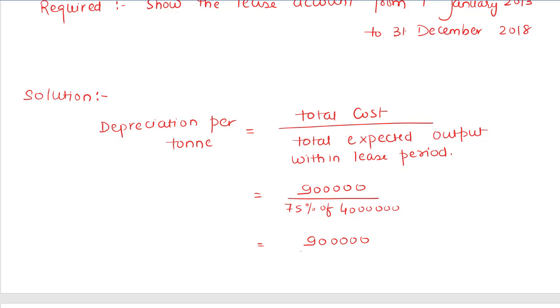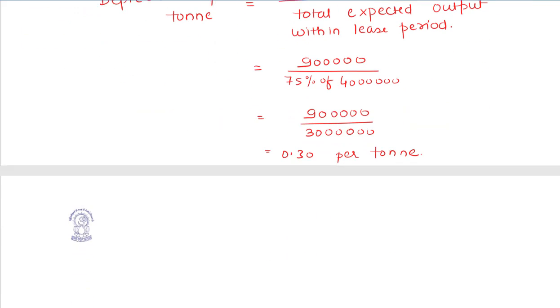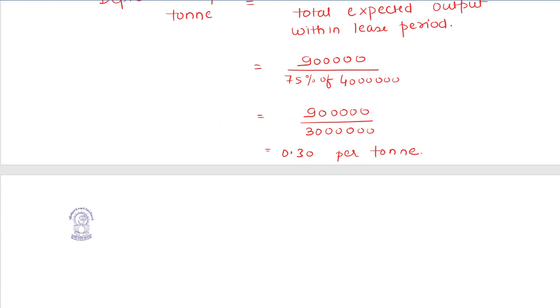So 9 lakh divided by 30 lakh, do it on your calculator, equals 0.30 per ton.